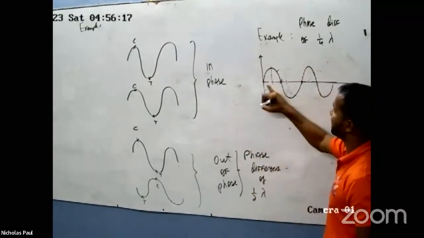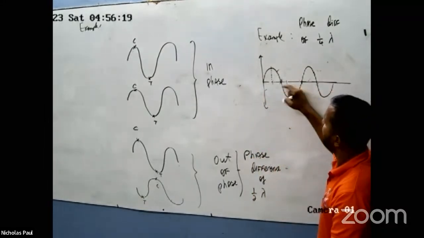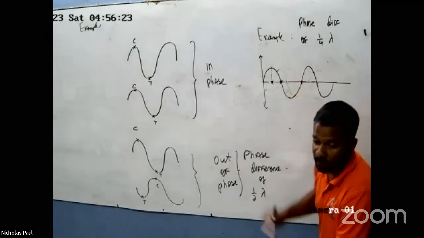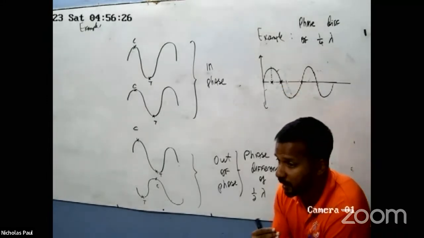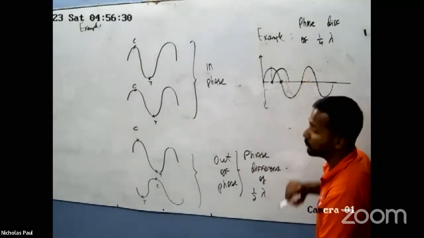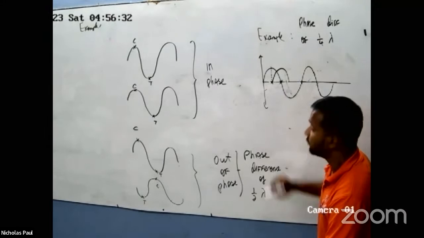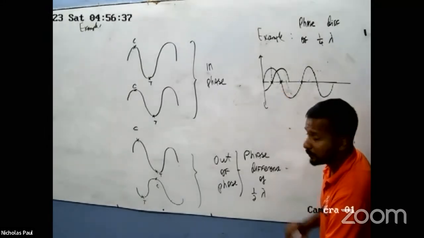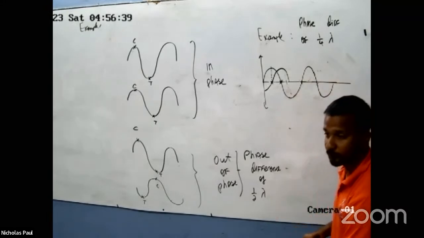So as I said, here's a half a wave later, here's a quarter of a wave later. So if I say a phase difference of a quarter, just start the wave a quarter later. Okay with that? Just draw the little piece that is missing here. That's it, and just continue it out.